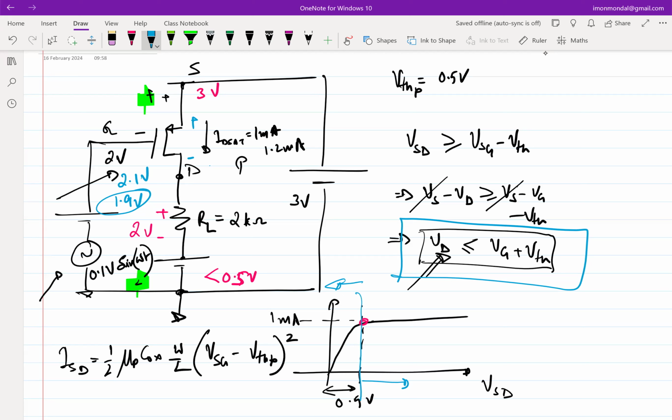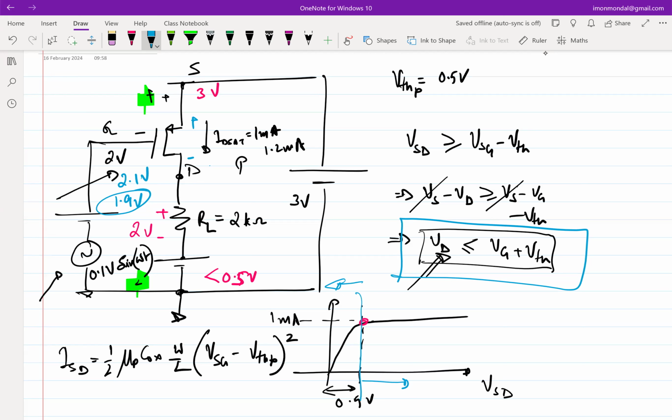But in this case, the worst case is when the gate voltage goes down, because you have higher VSG, which means higher saturation current. Higher saturation current can lead to an increase of drain voltage, and the increase of drain voltage is trying to push the transistor out of saturation. Okay, fine, so that we understand.